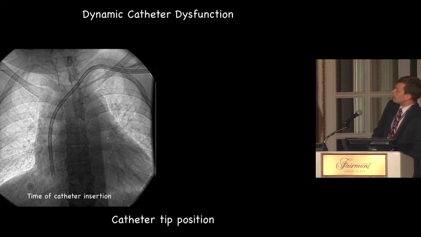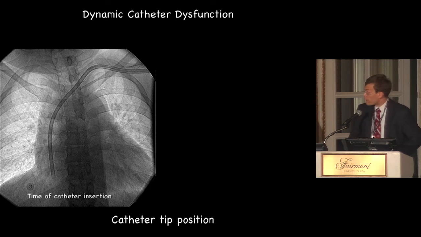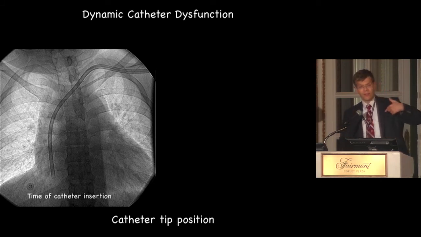So basically, at the time of catheter insertion, the tip is located in a good spot. But especially on the left-sided inserted catheters, the thing that determines the tip position is the position of the cuff. So if you have somebody with a lot of chest tissue, you place the catheter in a reclined position, the tissue moves up, the cuff is fixed there.